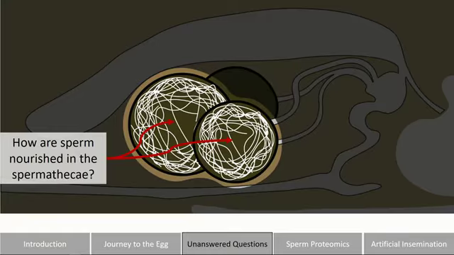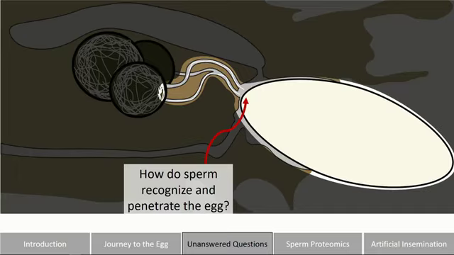And work in Flaminia's lab has shown us that the spermathecae provide oxidative stress relief to these sperm, but we don't fully understand all of the proteins, especially within the sperm, that would provide this service. Ultimately, when these sperm are released, they'll swim back down the spermathecal duct and enter that egg, but how do they actually fuse with the egg and recognize it? We still don't understand this.